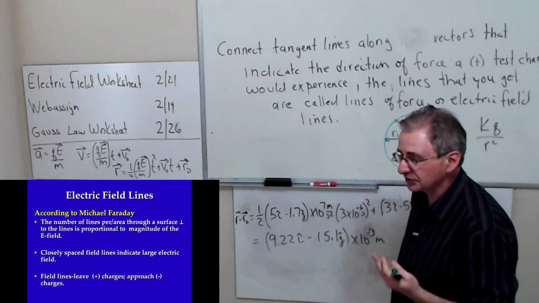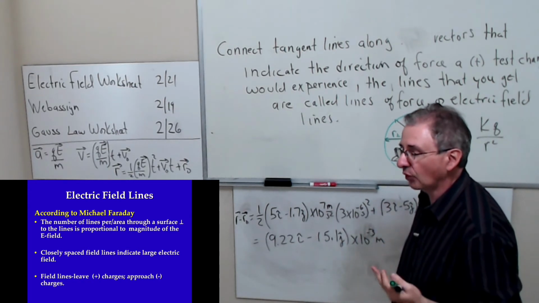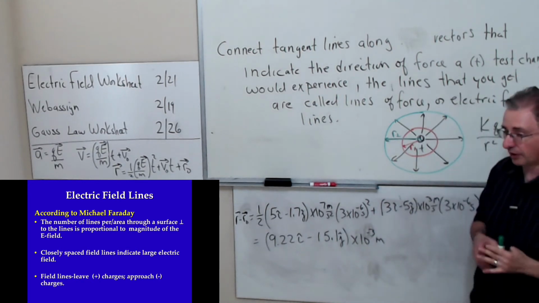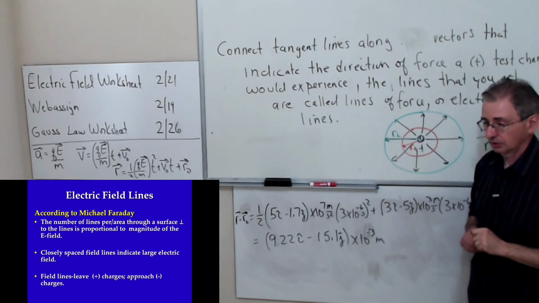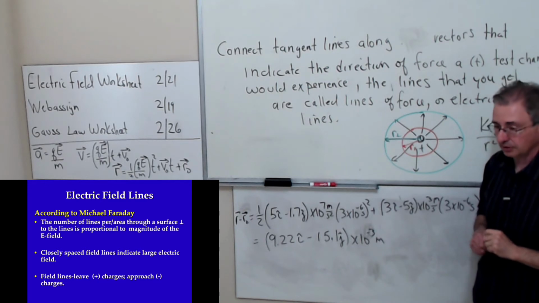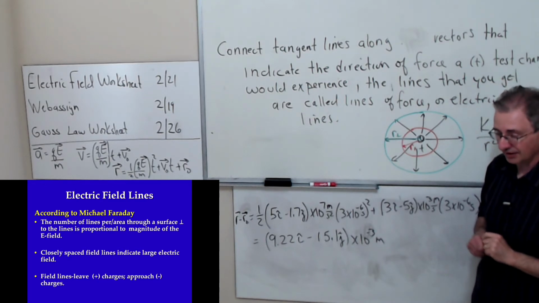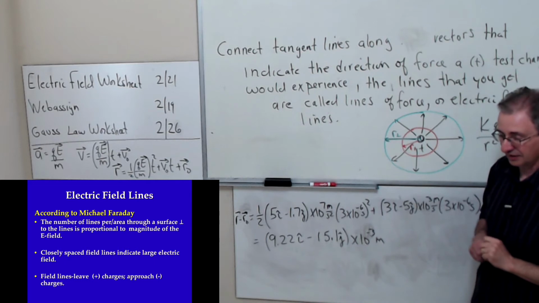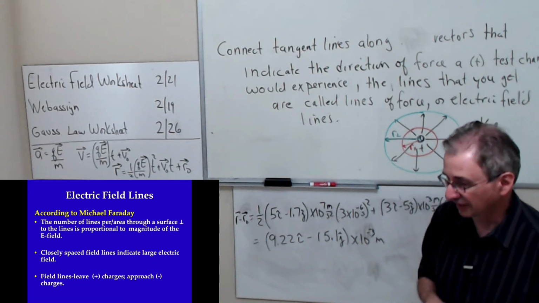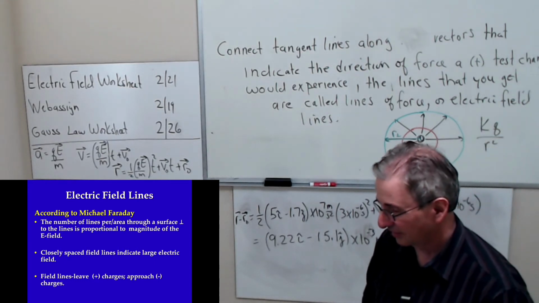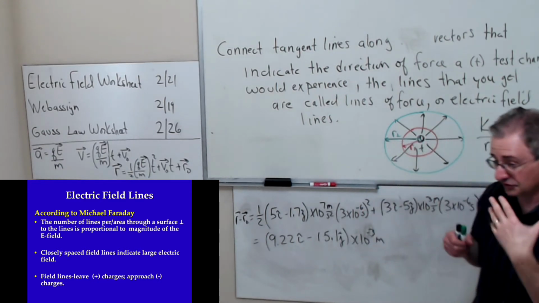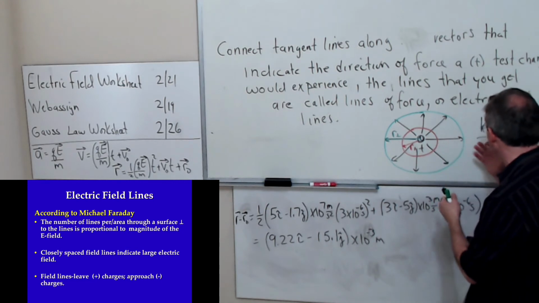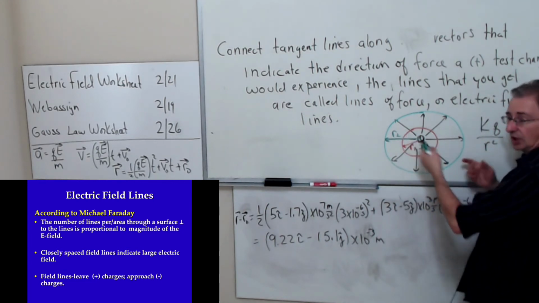It gives me a representation of what kind of force a charge will experience in the vicinity of these sources. Does that make sense? Oh, so it's just like a convention that if the charge is stronger, you draw more vector lines. Yeah, you want to draw it in a way that reflects the size of the field. So if I double the charge, I want to double the number of lines.